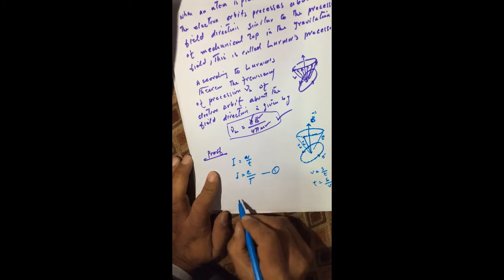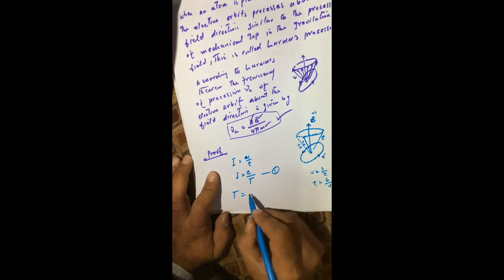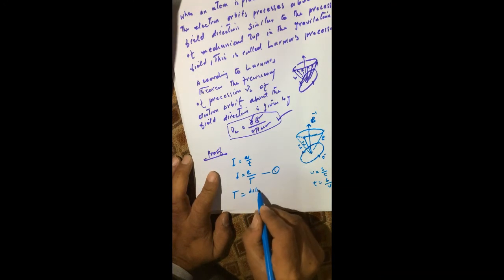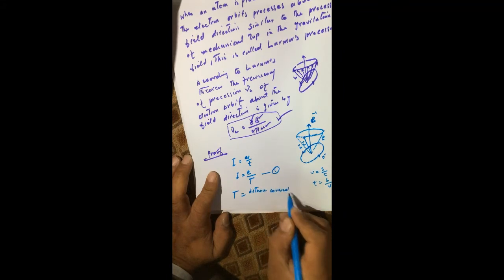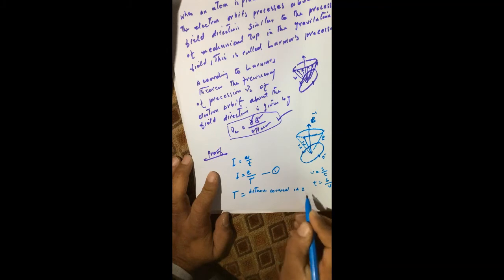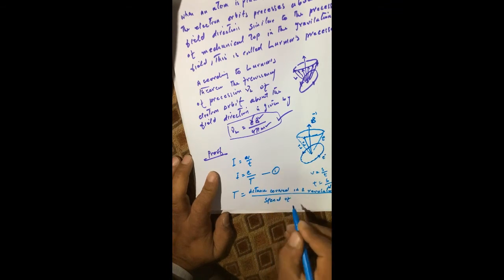So we can define the time period T as the distance covered in one complete revolution divided by the speed of the electron in the orbit.